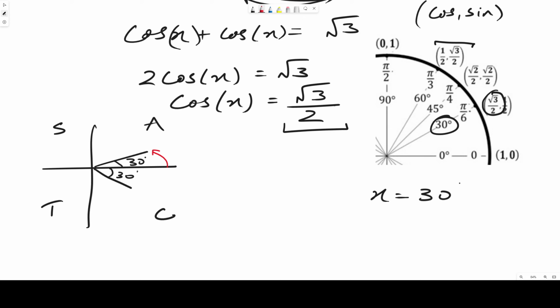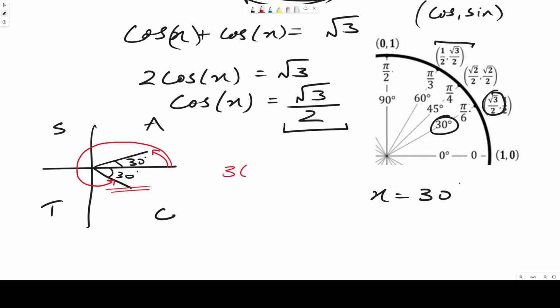The first angle we hit was 30, which we already wrote down over here, and then you keep going all the way until you hit the other line. This will complete almost a full circle. Now, as you know, a full circle is 360 degrees. So what would this value of cos be?